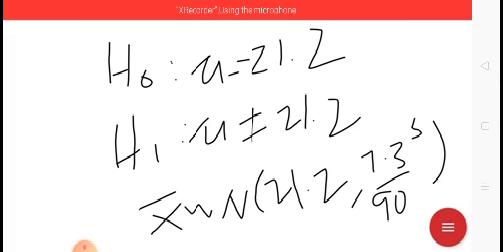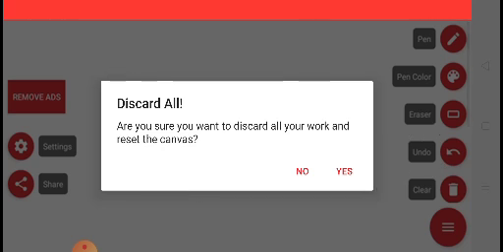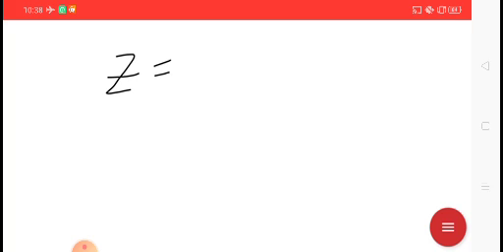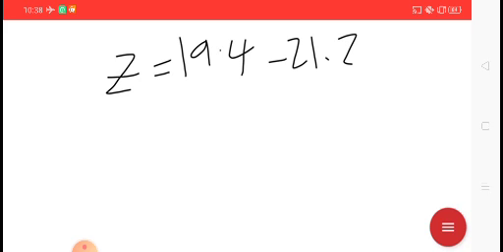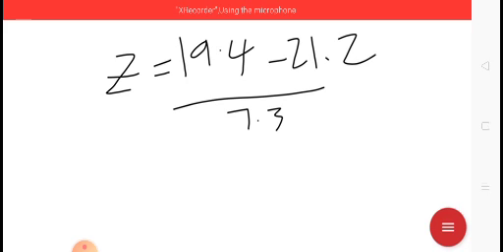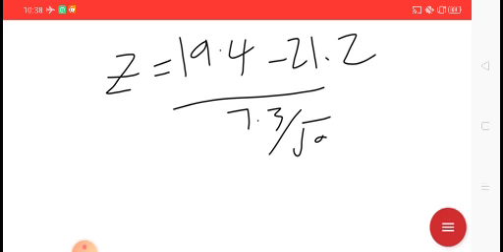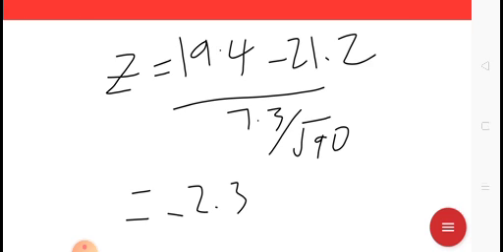Okay, so now we can start to calculate the Z. So Z will be equal to 19.4 minus 21.2 over 7.3 over square root of 90. Okay, so by calculating this, you should get Z equal to 2.339.